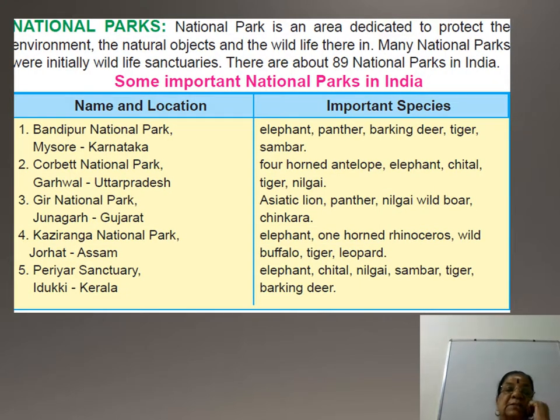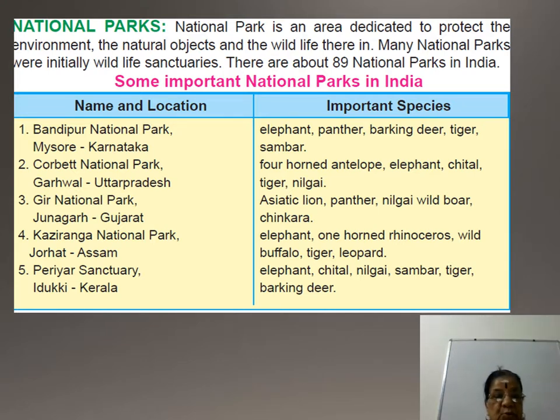Next, national park. A national park is an area dedicated to protect the environment, the natural objects and the wildlife therein. Many national parks were initially wildlife sanctuaries. There are about 89 national parks in India.